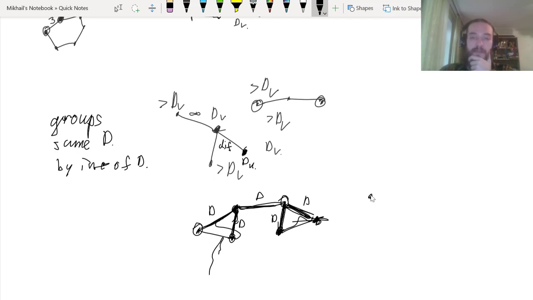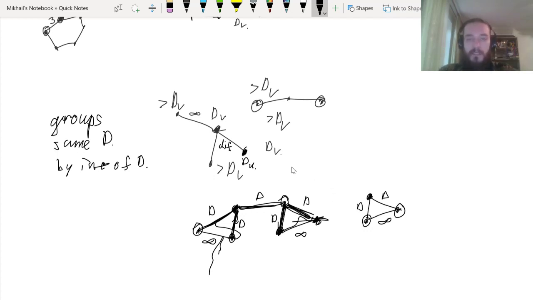There could be multiple components, but we can just process them separately. All other edges are assumed to be infinities, so they just don't do anything. We put infinities towards them. So this gets rid of all the small vertices.